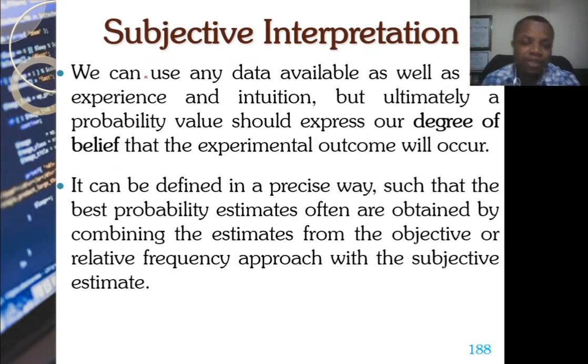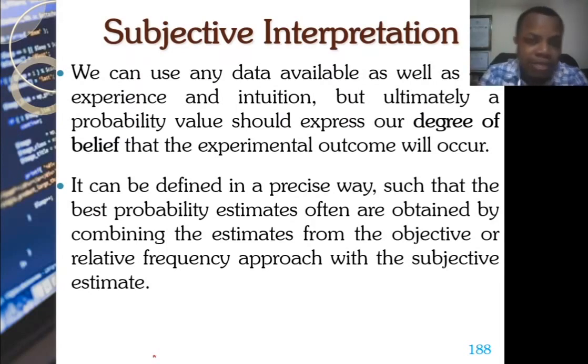And this sort of subjective interpretation is a precise way of interpreting probabilities, such that others would like to refer to this as the best probability estimate, often obtained by combining estimates from both the objective and the relative frequency approach with the subjective estimate.